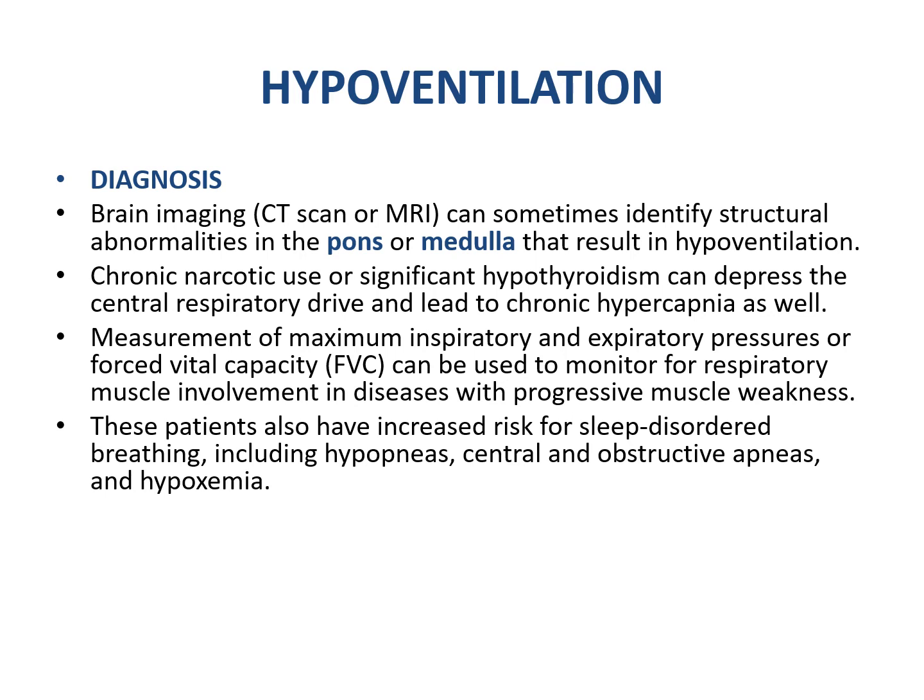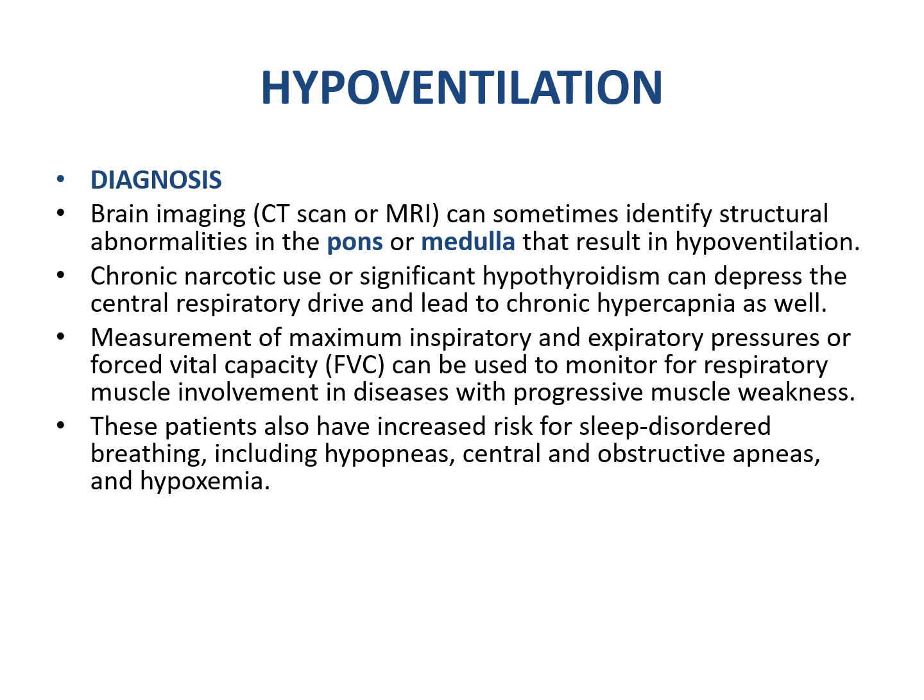Brain imaging, CT scan or MRI, can sometimes identify structural abnormalities in the pons or medulla that result in hypoventilation. Chronic narcotic use or significant hypothyroidism can depress the central respiratory drive and lead to chronic hypercapnia as well.